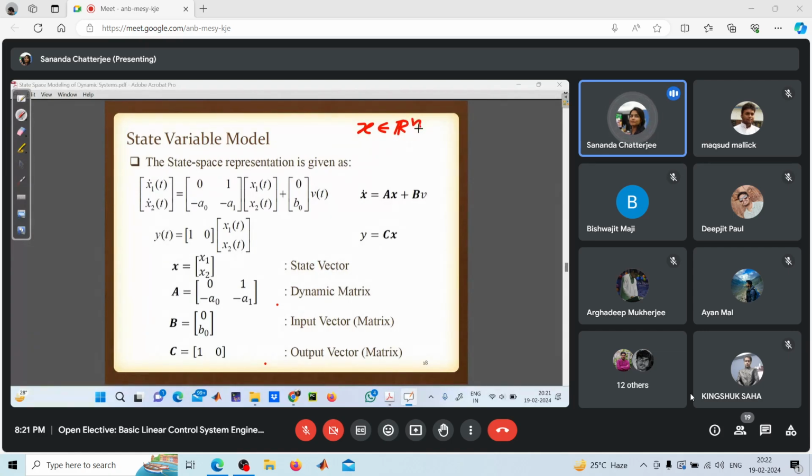Do you know the meaning of R^n? That means the state vector will have n components in it. That is, X is x1, x2, like that, xn.